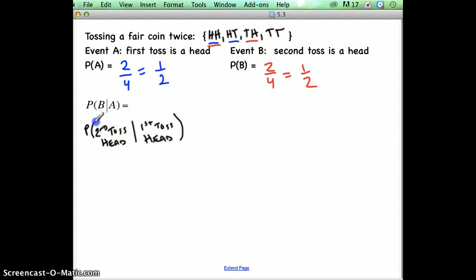So this is given that we definitely got a first toss that was a head. How many options is that? It could be heads, heads, or heads, tails. Those are the only 2 where the first toss is a head. So given that, what's the probability that the second toss is a head? 1 out of the 2.